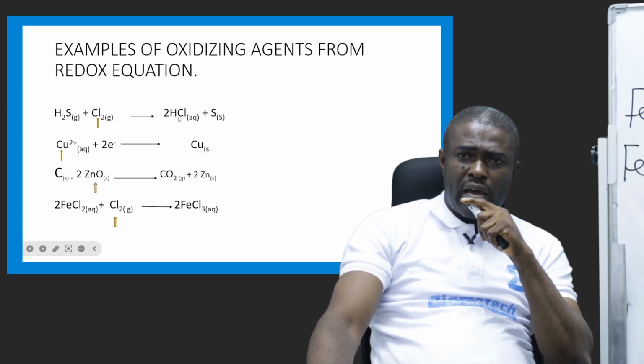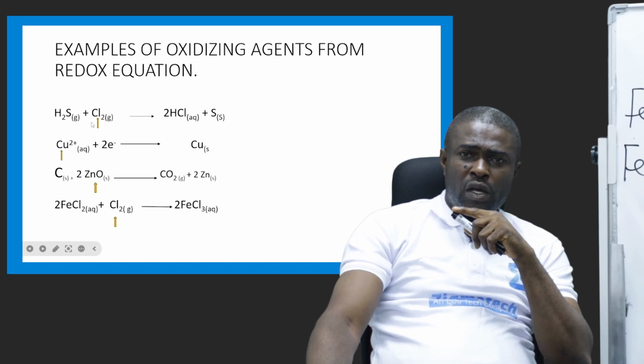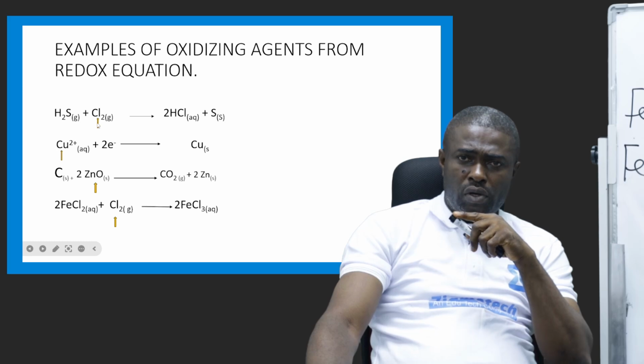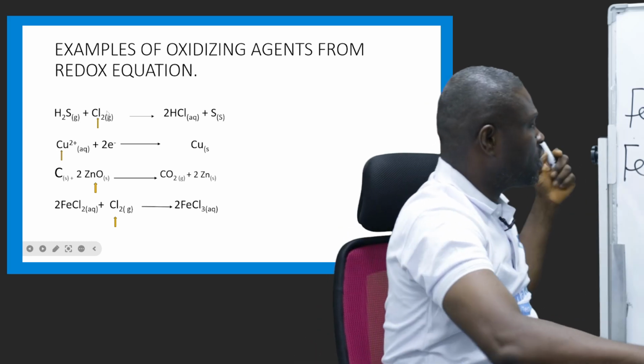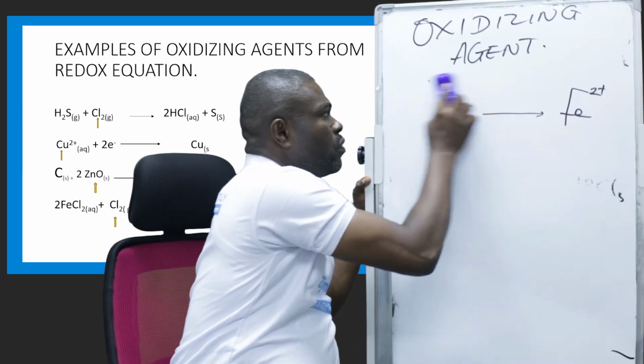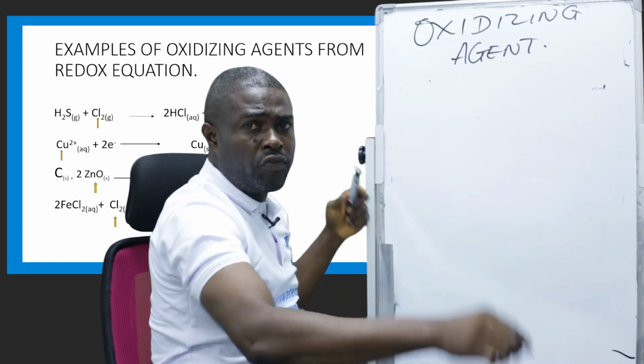Now, a neutral atom here, the oxidation number is actually 0. A neutral atom has an oxidation number of 0.